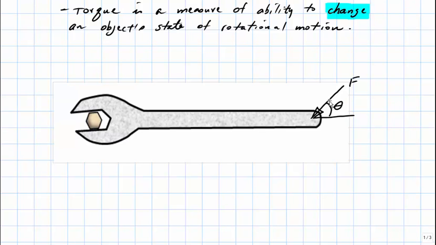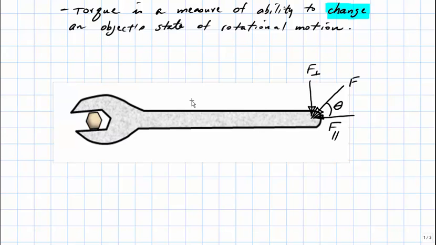Well, this force has two components. One of them is parallel, and we can label it as F with two parallel lines. That stands for F parallel. And the force also has a perpendicular component that looks like this. We're going to label that as F perpendicular.